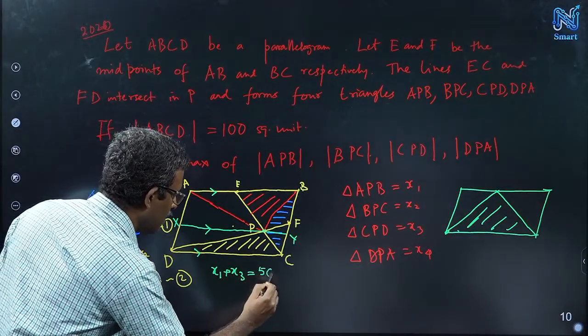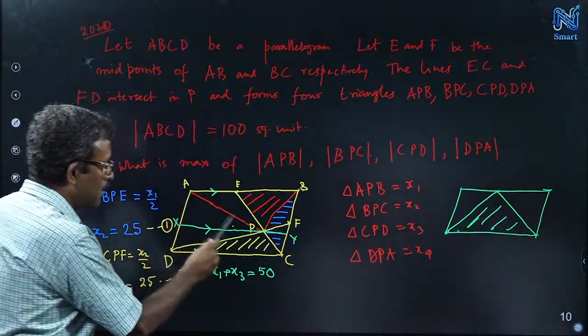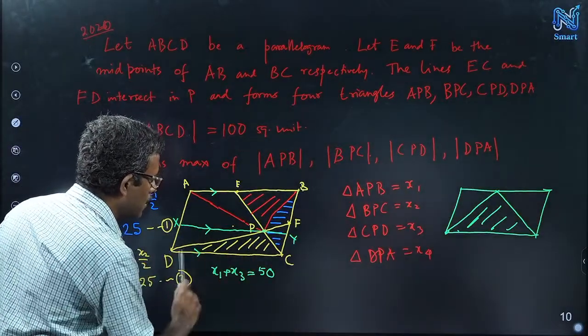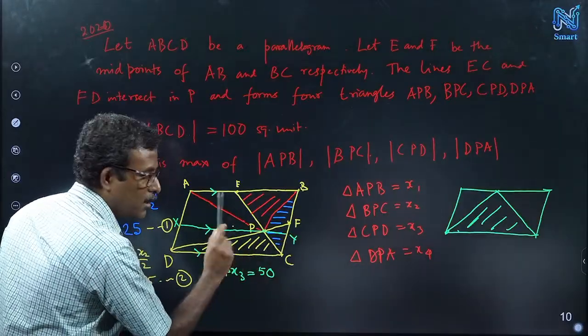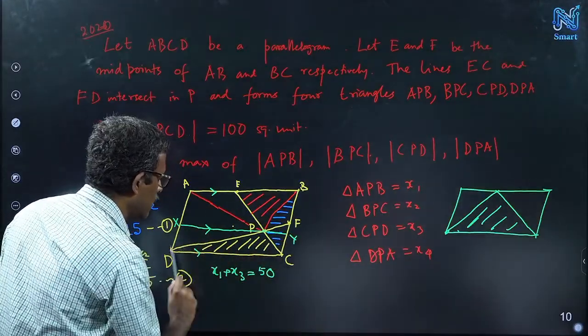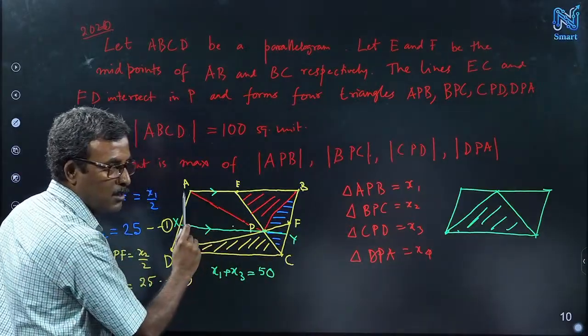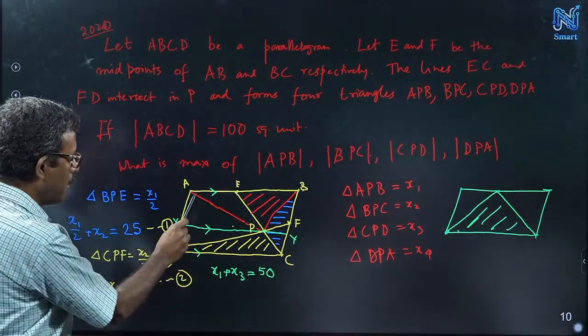Is it clear? Because this area is half of this area, and this area is half of this area. If we add this plus this, taking the half common, half of ABCD is 50. Similarly, area of BPC and area of APD sum.